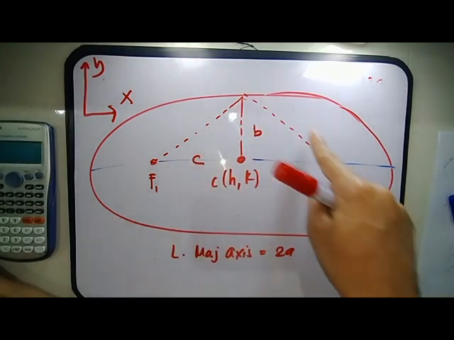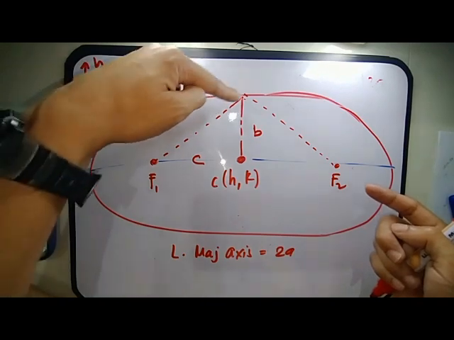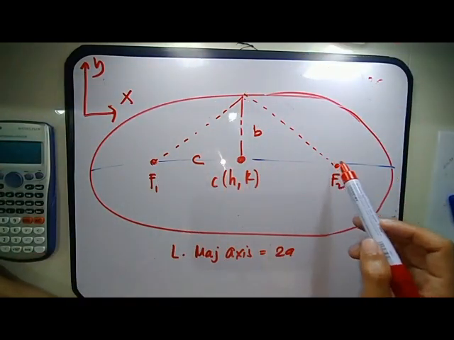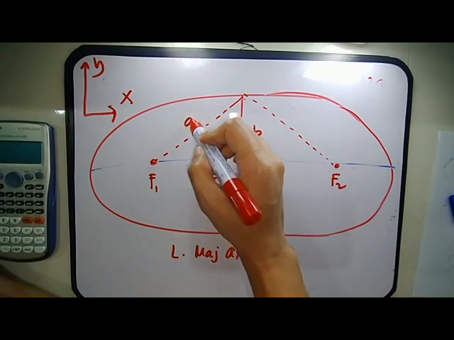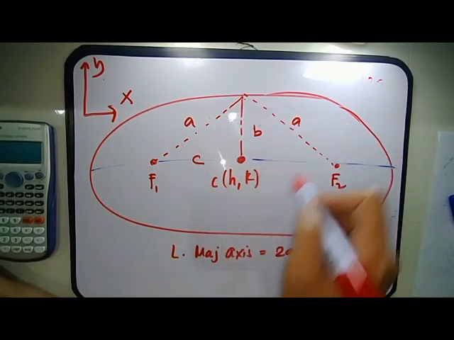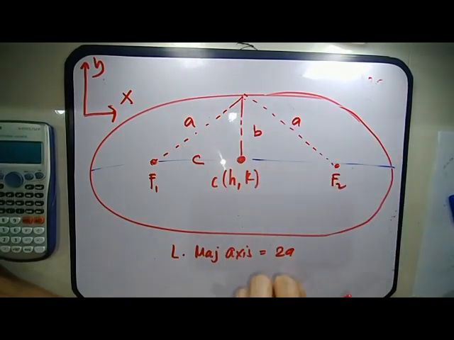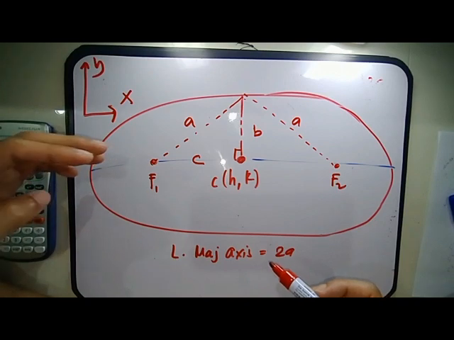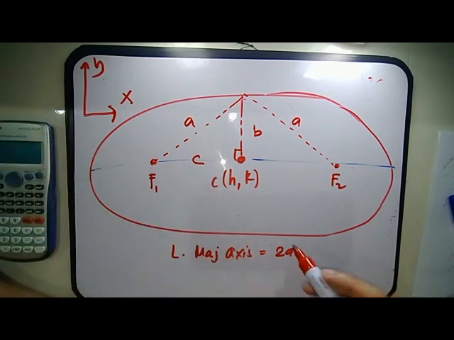So if this is proportional to each other, so center yon, so these two lines are equal, therefore this is A and this is also A. So A plus A, you have 2A. Satisfied natin yung definition ng ellipse. Now, this is a right triangle. So we have here the relationship between the distances. So we have, so A squared, that is your hypotenuse, is equal to, you have B squared plus C squared.